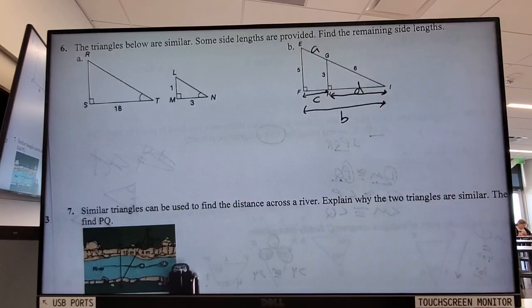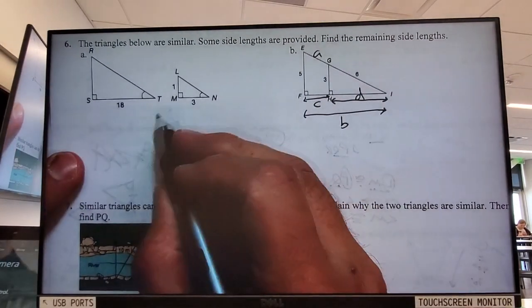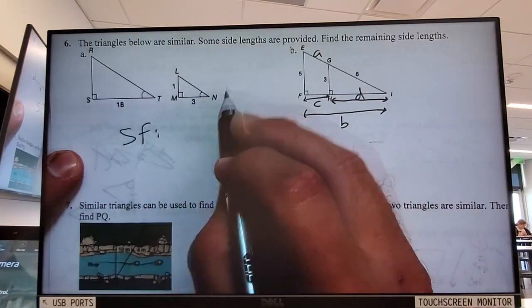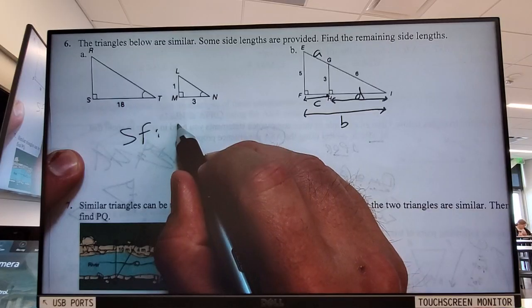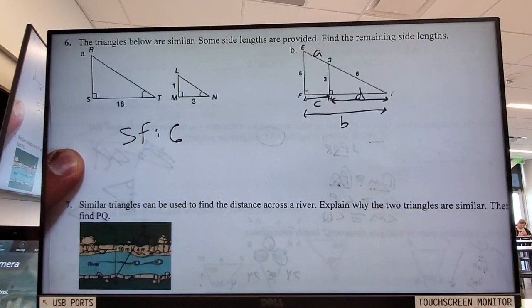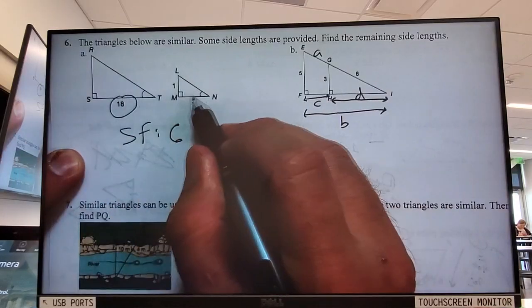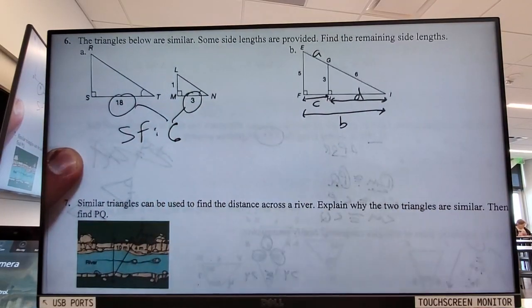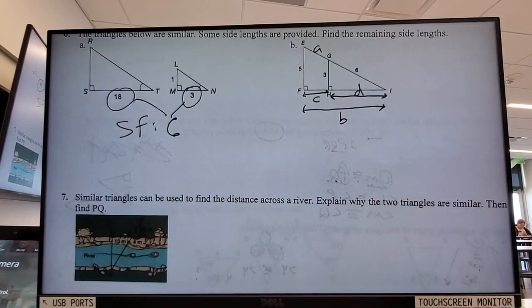On that first triangle, what was the scale factor? 6. Why? 18 divided by 3 is 6. So if you divide the sides that are similar, you get the scale factor.